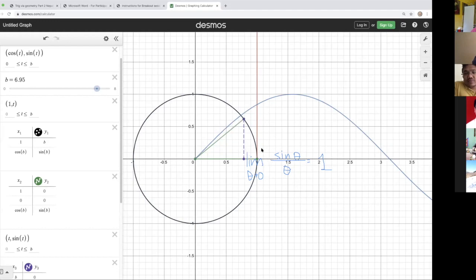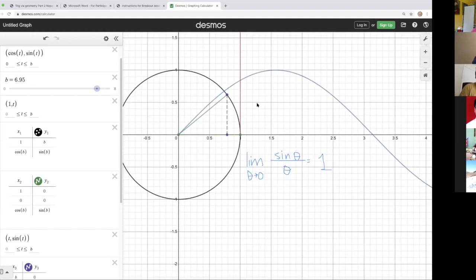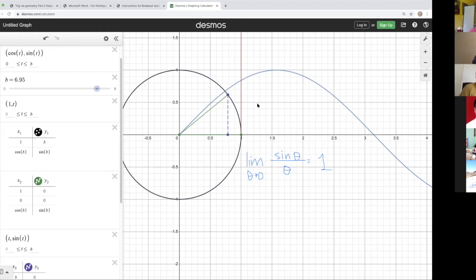And let's see, maybe I can do something like this. So where is the sine of t? I guess this vertical distance is the sine of t. And t is this. So if I were to annotate this, this dotted vertical segment is the sine of theta.